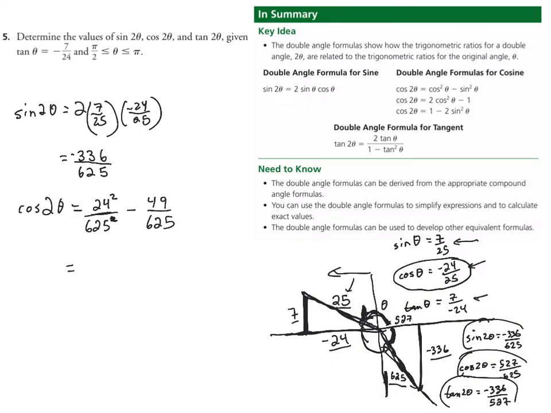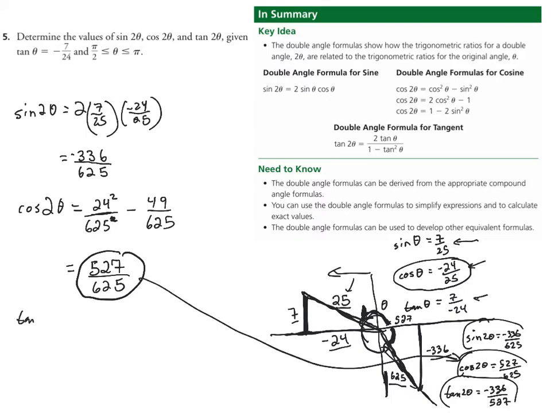So this is 576 minus 49. So minus 50 would be 526. So 527 over 625. And what do you know? That's what we already knew from before.